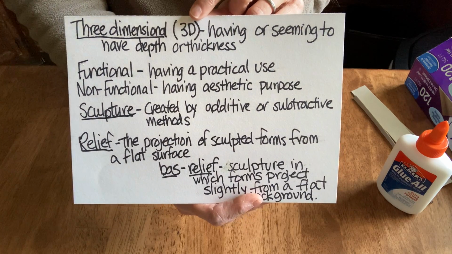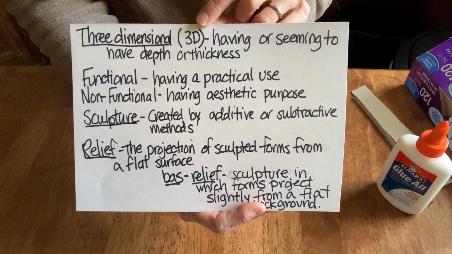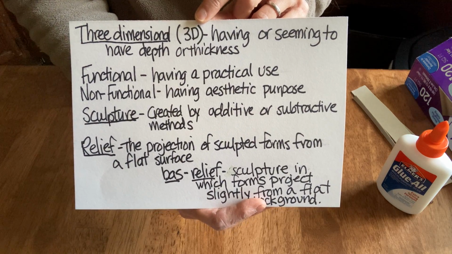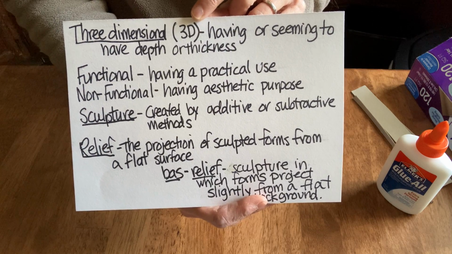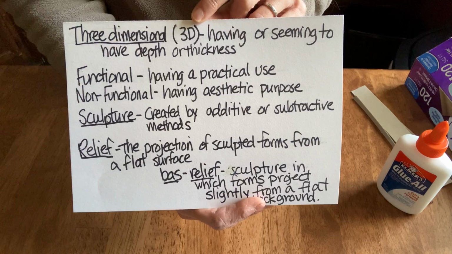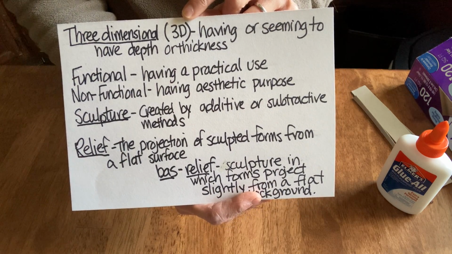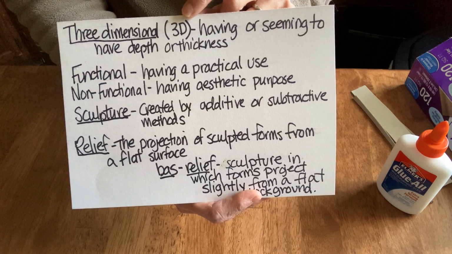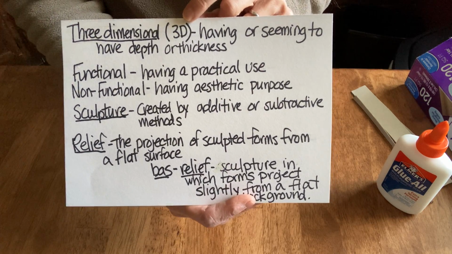That's why they use the definition to include "seeming to have." So these are things that can appear to be real or physically are real. In these next videos, I'm going to be talking about things that are physically real, and that is about everything in the whole world.